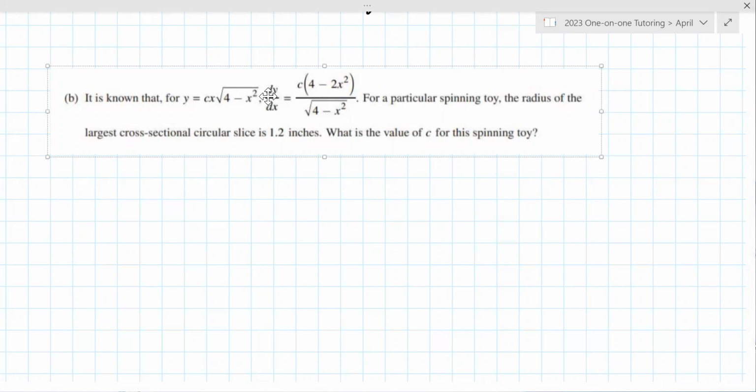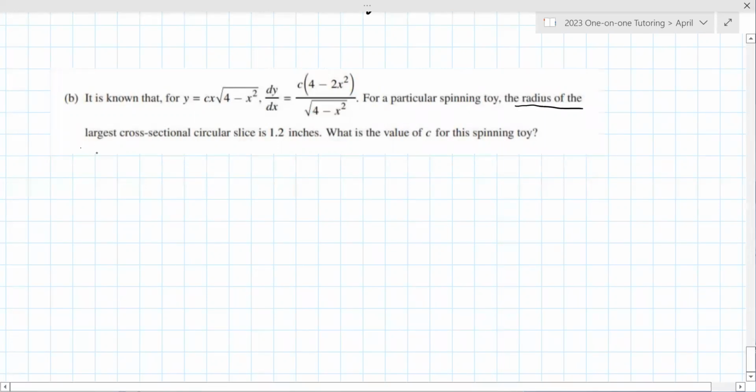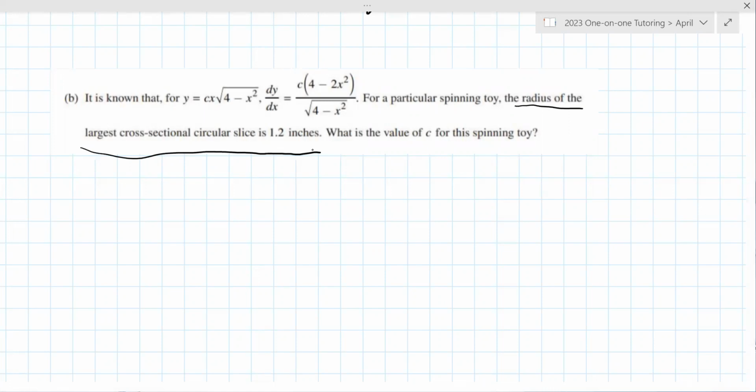No. Okay, so it says the radius of the largest cross-sectional slice is 1.2 inches. What do you typically use the derivative for? It is the rate, but in optimization problems, what was the derivative done for? Like absolute max and min.